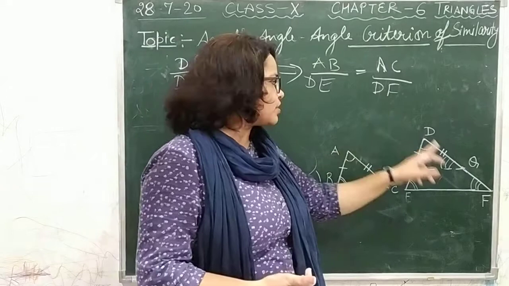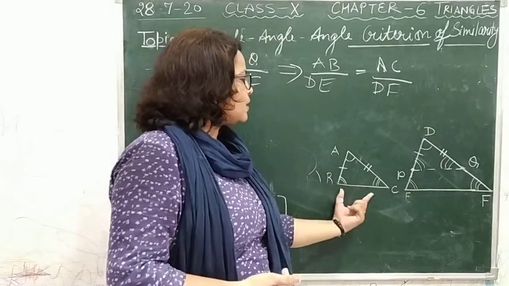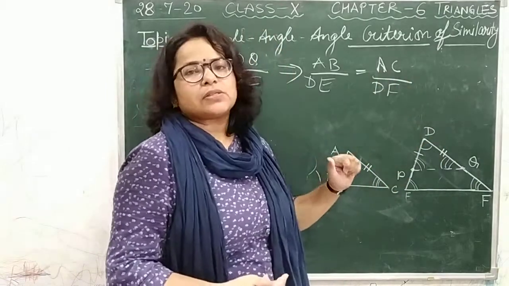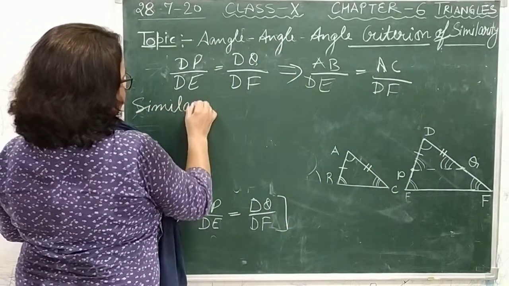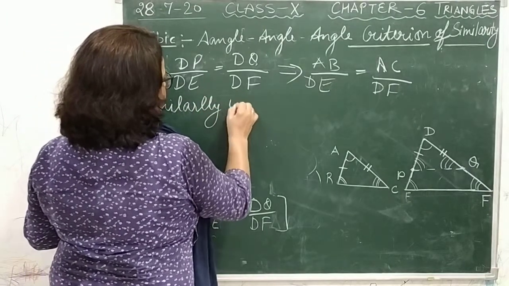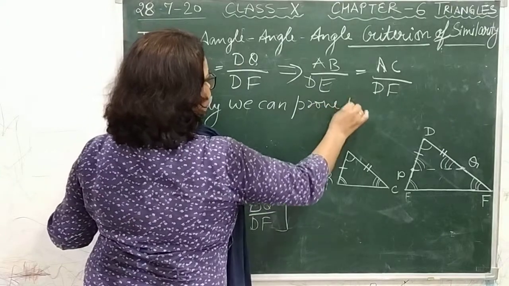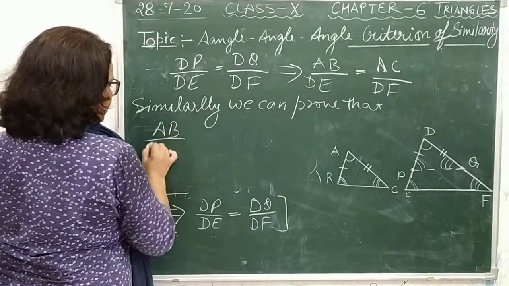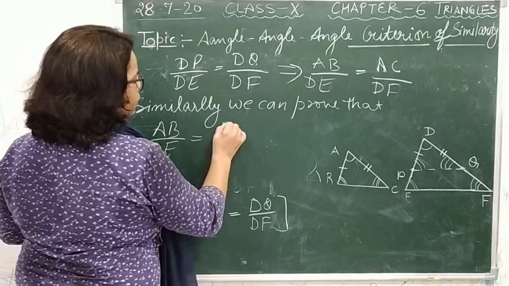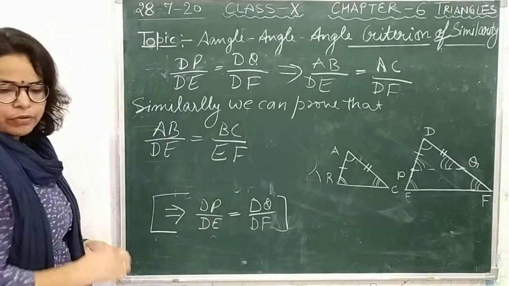If I would have chosen this point Q on DF, then I would have BC upon EF at this place. So similarly, we can prove that AB upon DE is equal to BC upon EF, and from these two we conclude what?